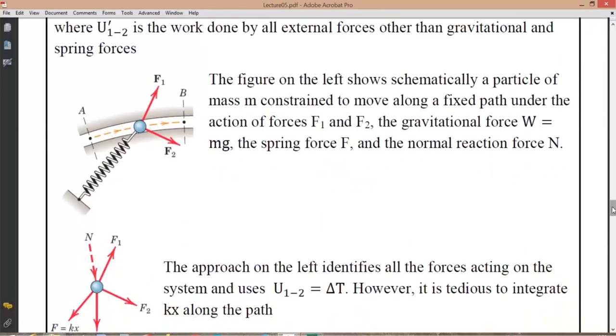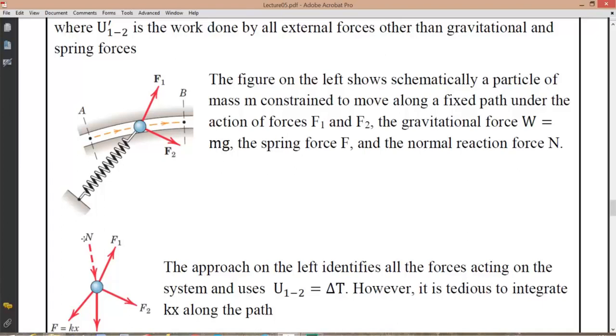Now, this example shows us the difficulty in doing this integration over a certain distance of spring forces. If we draw the free body diagram of this particle, you will see that there's this n reaction force. So to keep this particle within this guide, there are the external forces F1 and F2.